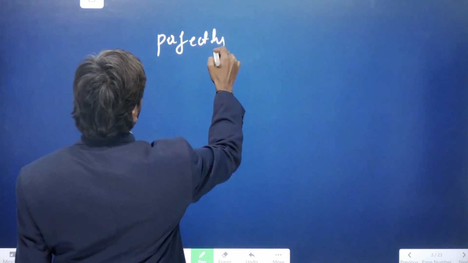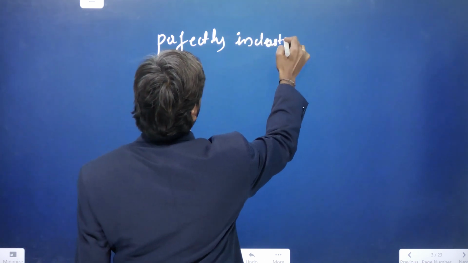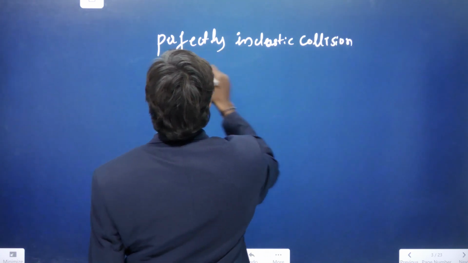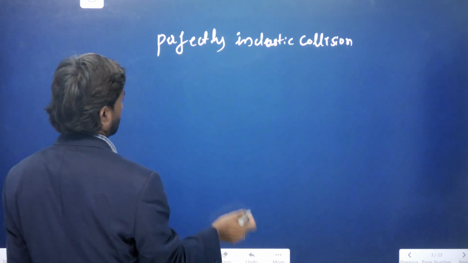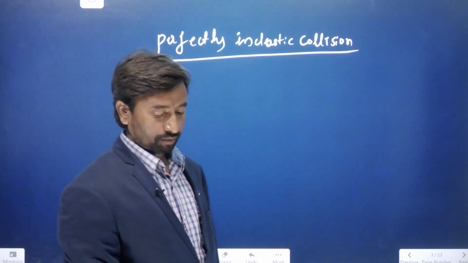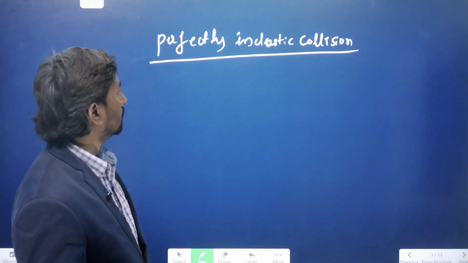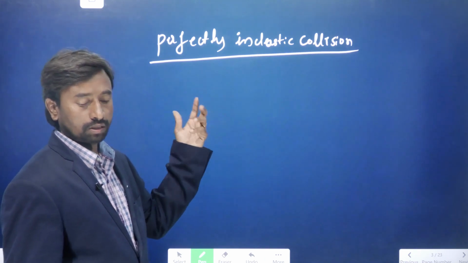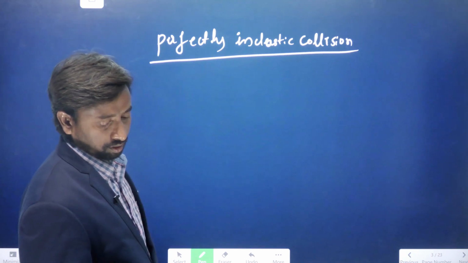Perfectly inelastic collision means, after the collision, only the linear momentum is conserved, constant before and after the collision, but the kinetic energy will not be constant.